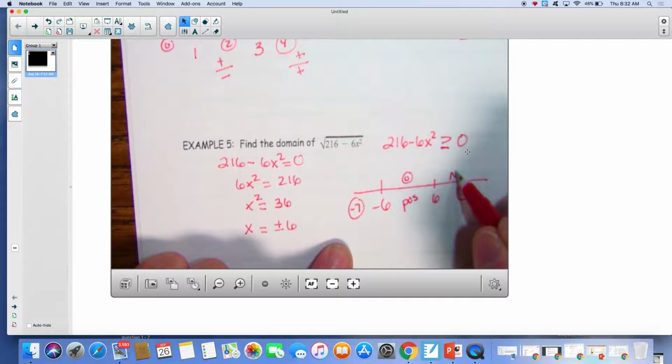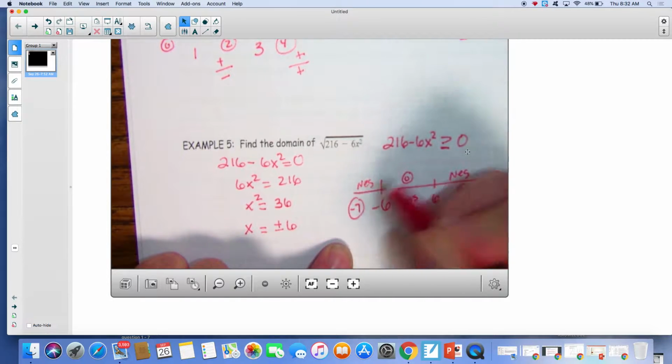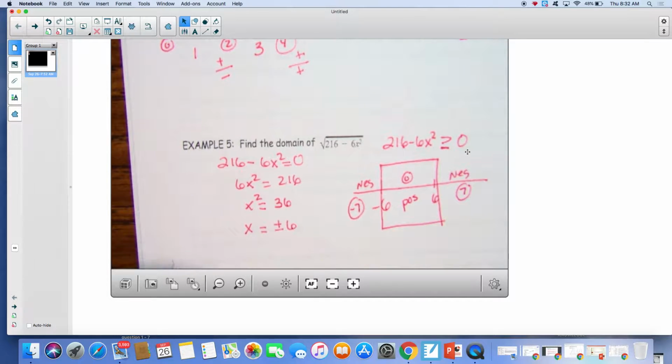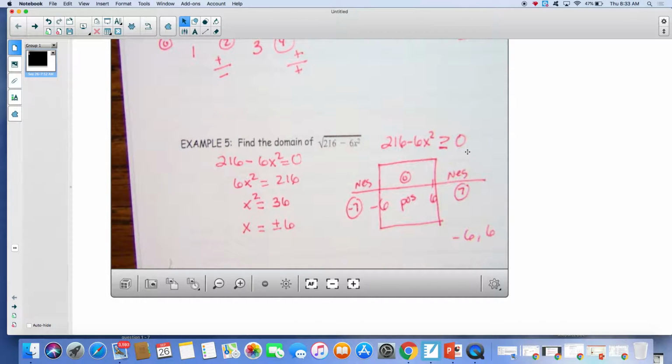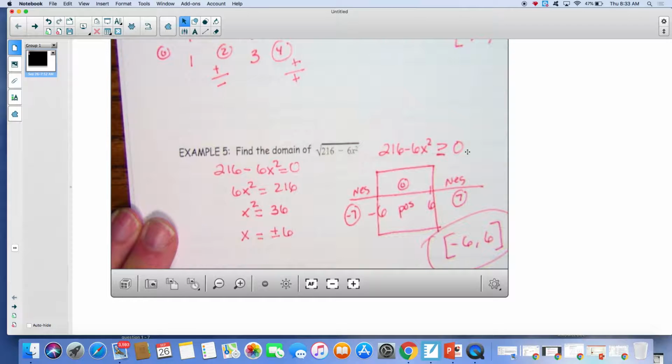So these are going to be negatives. So our interval is going to be between -6 and 6. Do we include the 6 and the -6? Yes, because it can be 0. Questions?